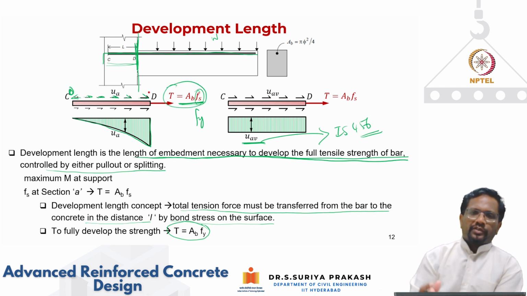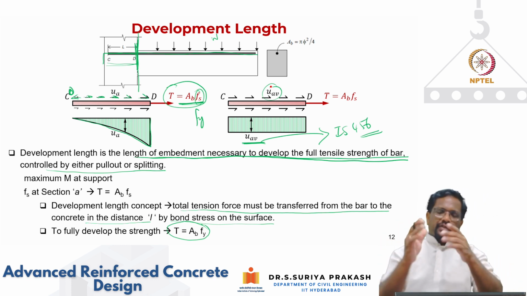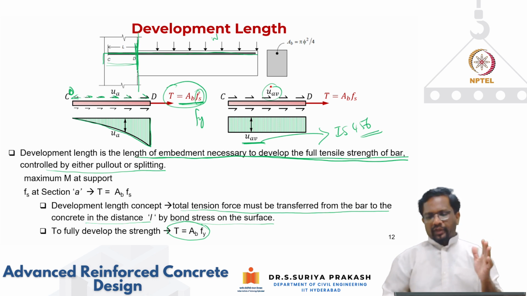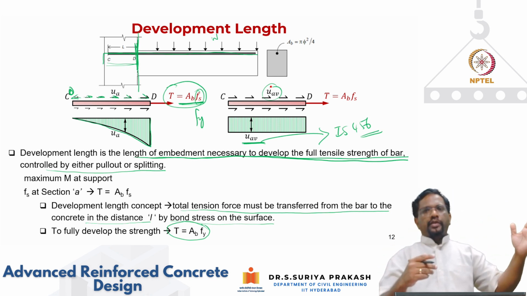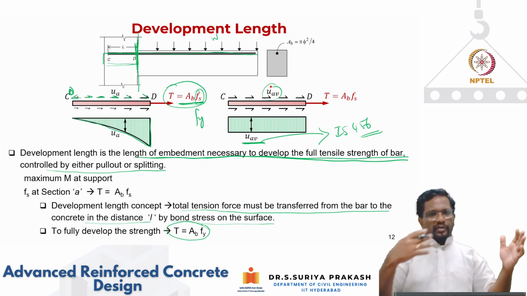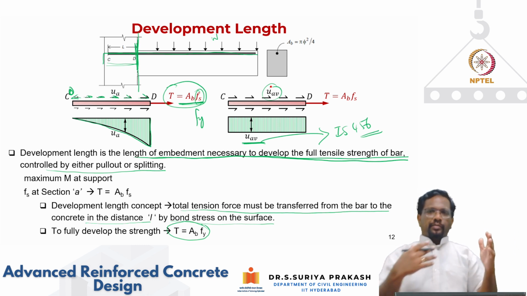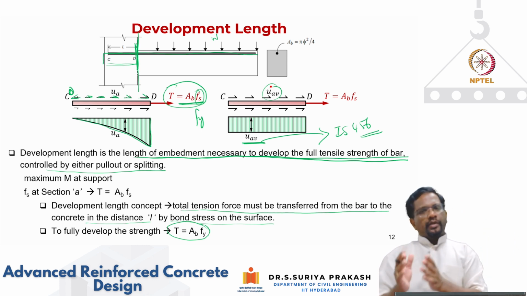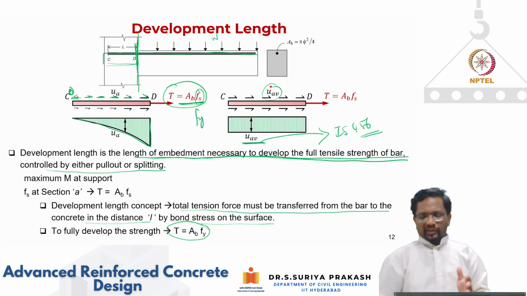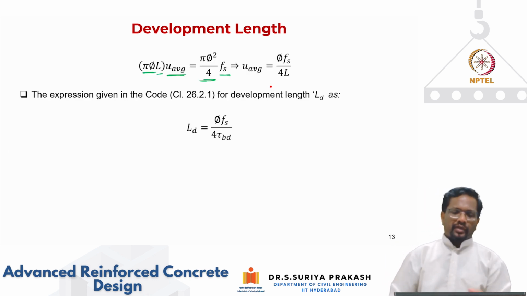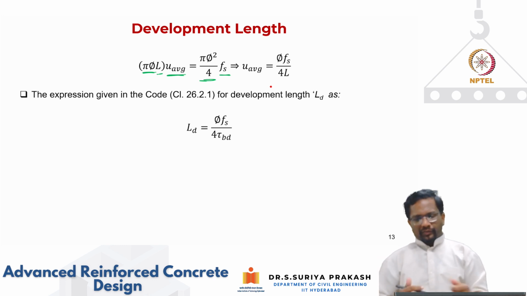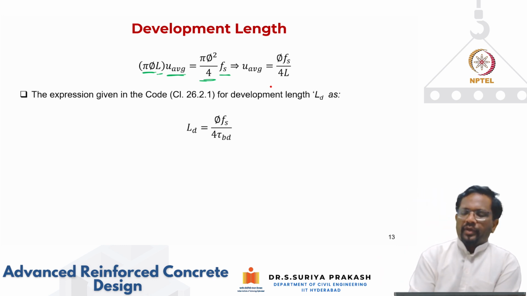So from 0 to the tension force has to be developed by this average bond stress, acting over the perimeter and over the length L. Perimeter multiplied by length gives me the surface area over which bond stress is acting. Surface area multiplied by bond stress gives me the total bond force developed, which should be equal to the maximum tension force I need to achieve, right? In this way, I can develop an expression for the average bond stress in terms of diameter.